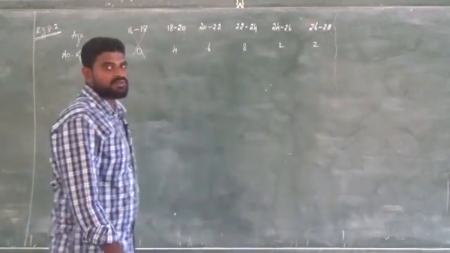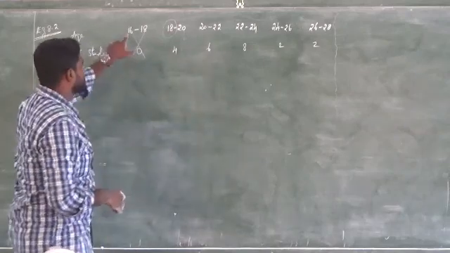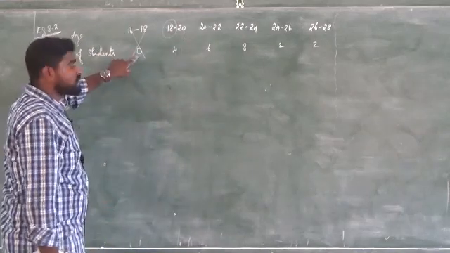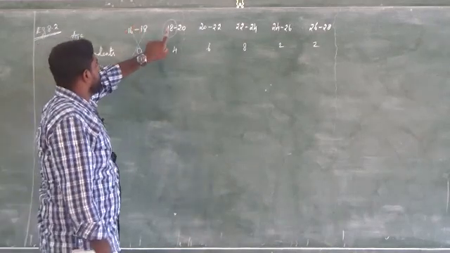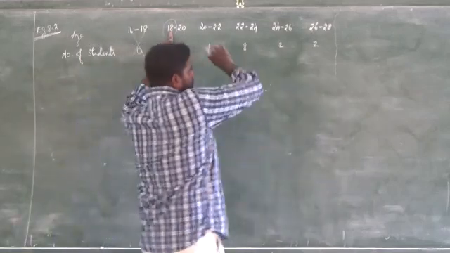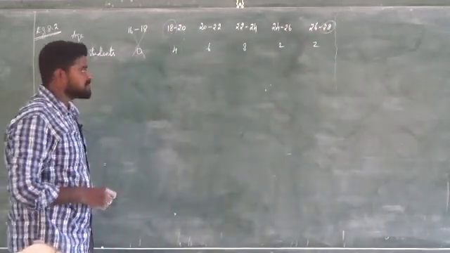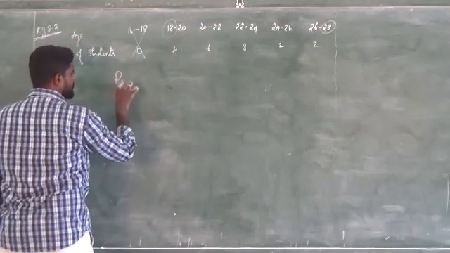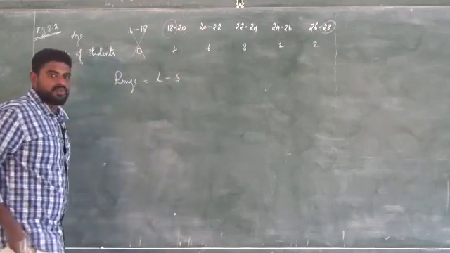The smallest value of the class interval is 18. We should not take 16 because there is no student, so this is invalid. So the smallest value is 18 and the largest value is 28. They are asking only the range. The formula for range is largest value minus smallest value.